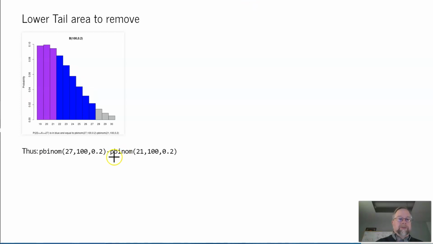But I only want the ones in blue, so I need to remove 21, 20, 19, 18, 17, and so on, all the way down to 0. And so the R command p-binomial 27, 100, 0.2 minus p-binomial 21, 100, 0.2 will give me that. And again, that's an exact answer.